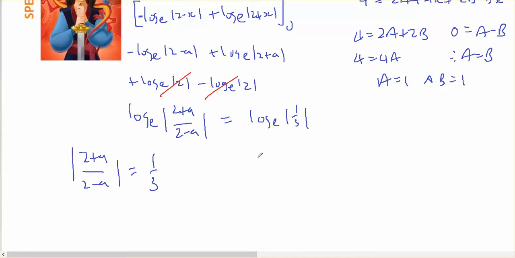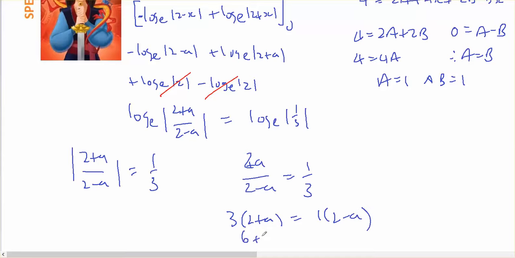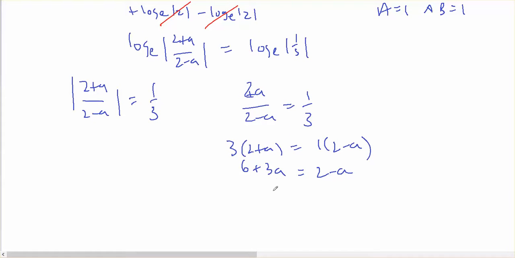If this is positive, then 2 plus a over 2 minus a equals 1/3, which means 3 times 2 plus a equals 1 times 2 minus a, or 6 plus 3a equals 2 minus a, which means that 4a equals negative 4, a equals negative 1. And that's if this is positive.